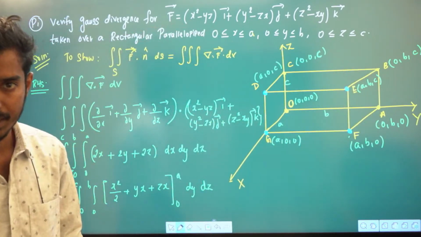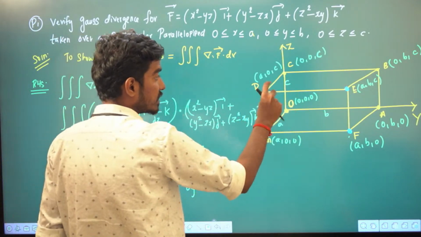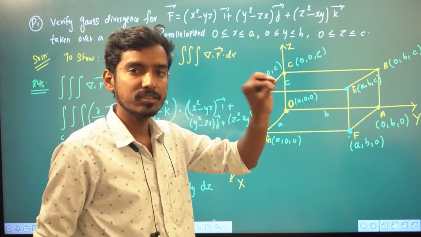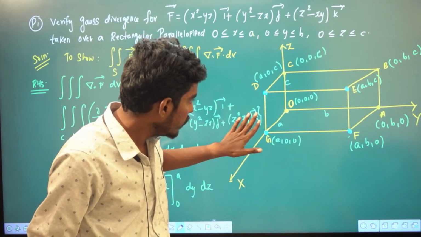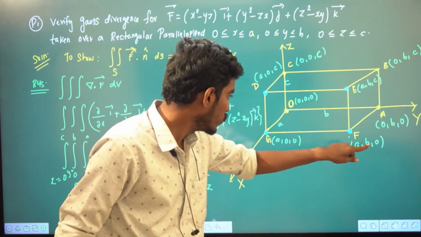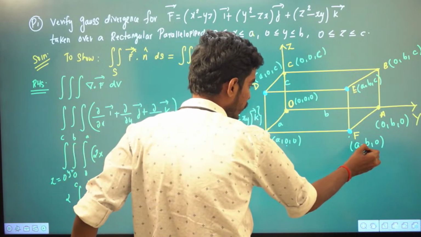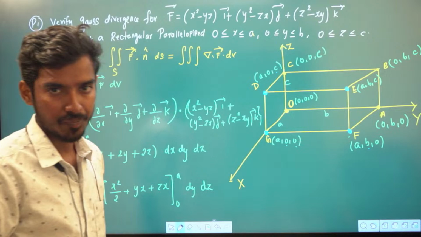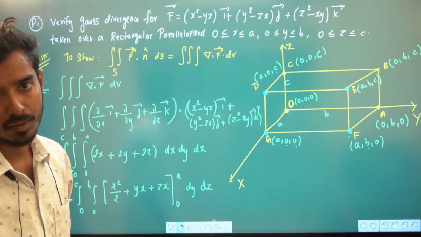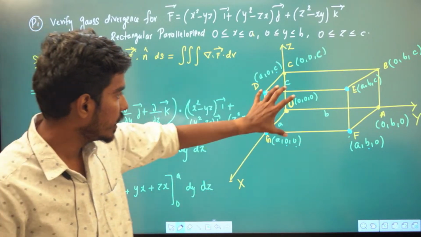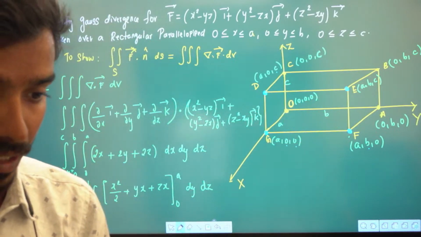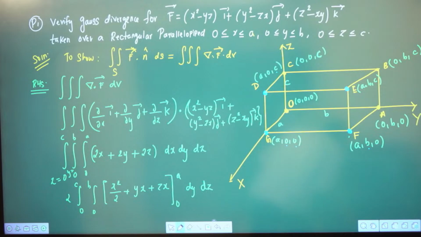You can also take it like that. To take a front face, see which coordinate is fixed. So x is equal to a, and y varies from 0 to b, and z varies from 0 to c. You can also take it like that if you are not comfortable with the diagram. So you take a front face, you see which is fixed, and you see which is varying, from where to where.